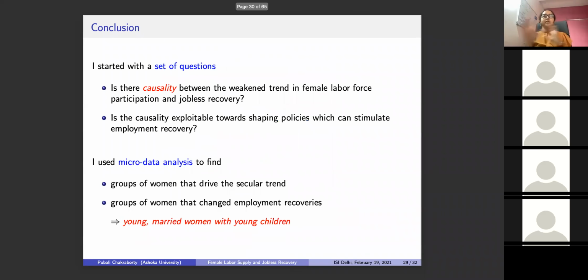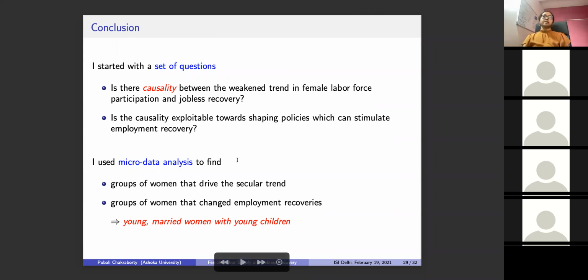Let me give you a conclusion with respect to what I have covered, and then talk a little about what I'm working on right now. In terms of the questions, I start with whether there's causality between the weakened trend in female labor force participation and jobless recovery, and whether there's something exploitable about this that we can take to shape policies which can stimulate employment recovery if we see episodes of jobless recovery.